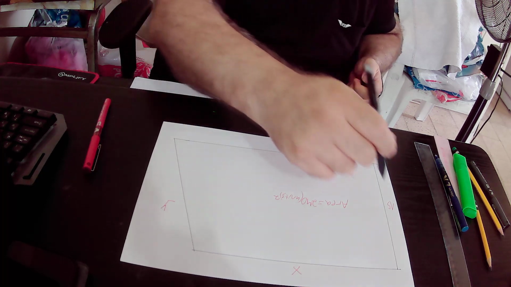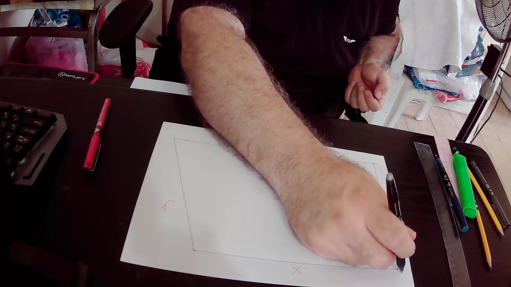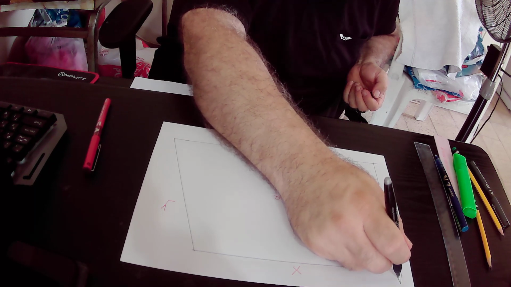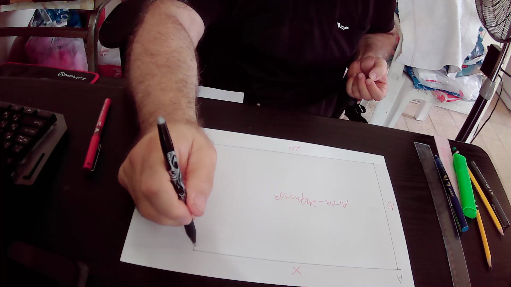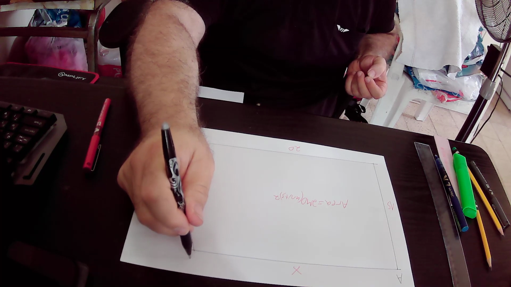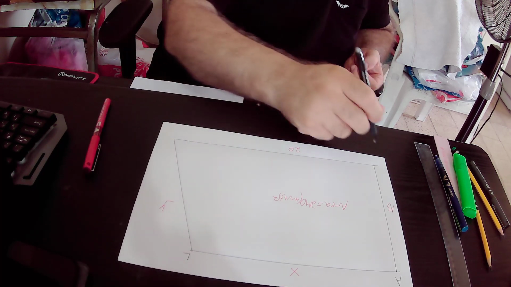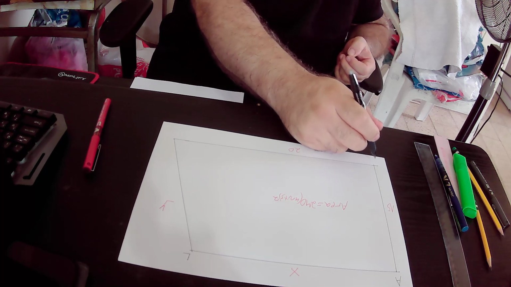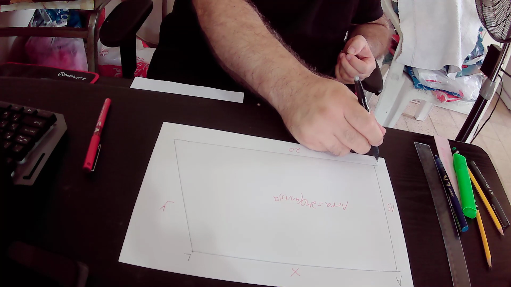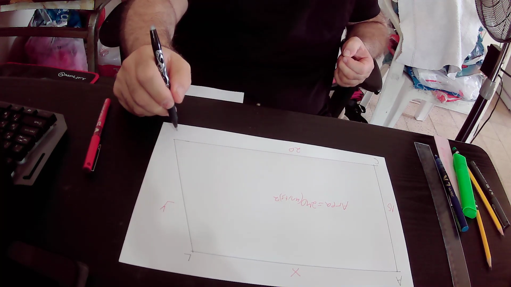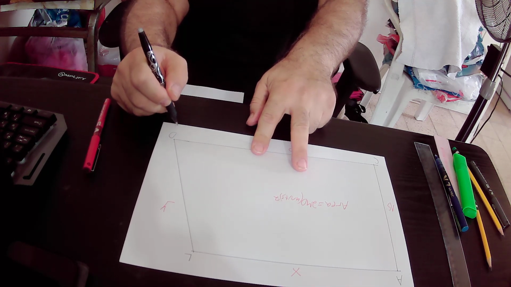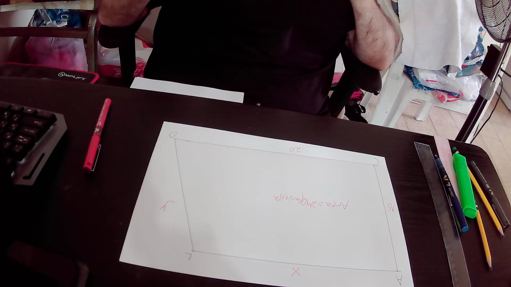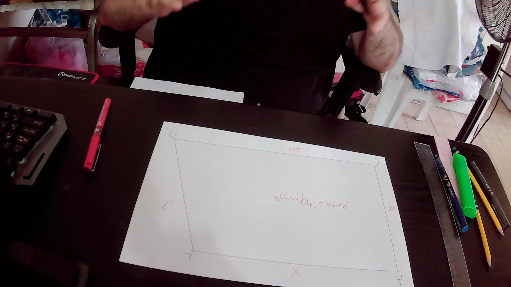We will name this vertex as A, and we will also name this vertex of the white shape as L. We will name this vertex as C, and we will name this vertex as D. Okay, so we actually gave names to the vertices of the white shape.